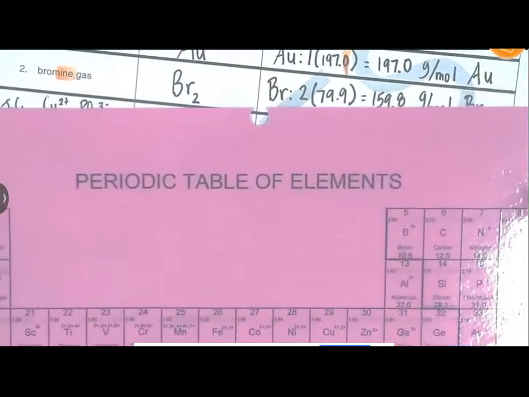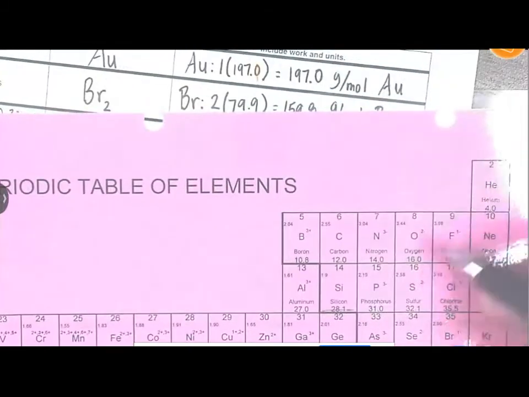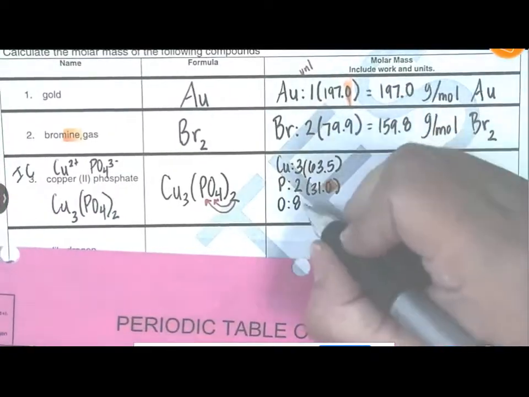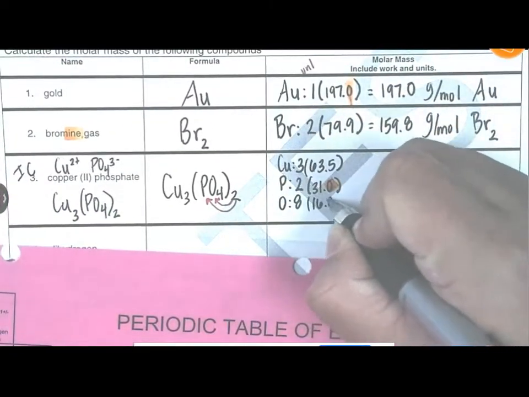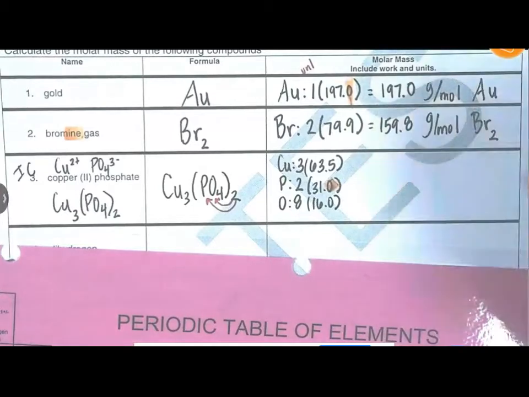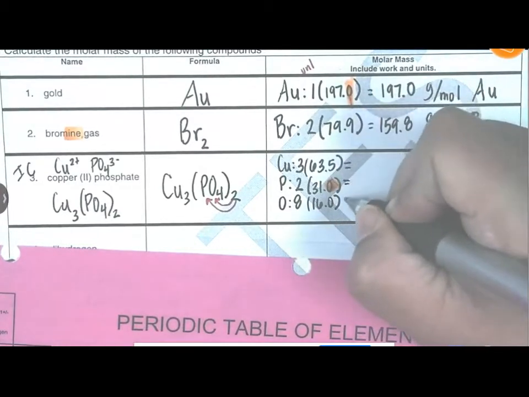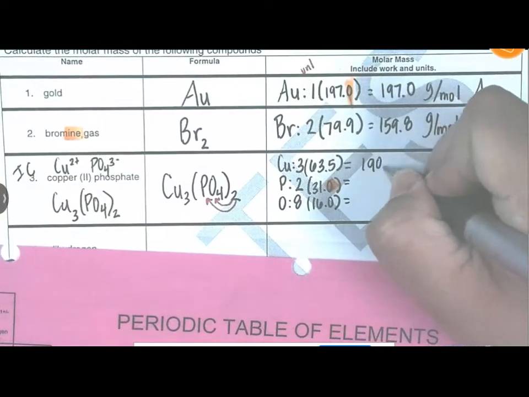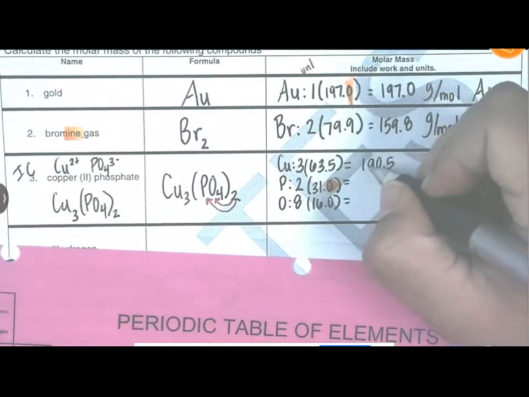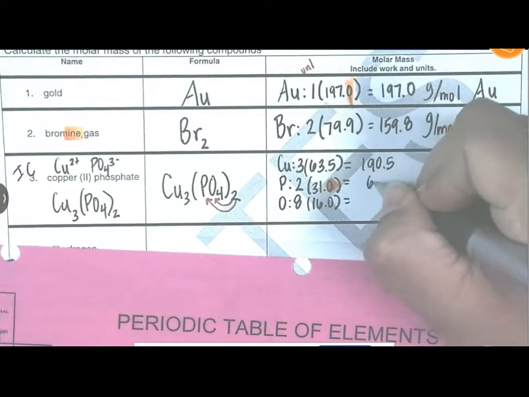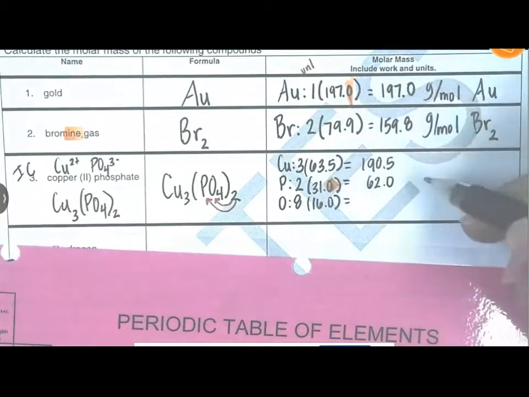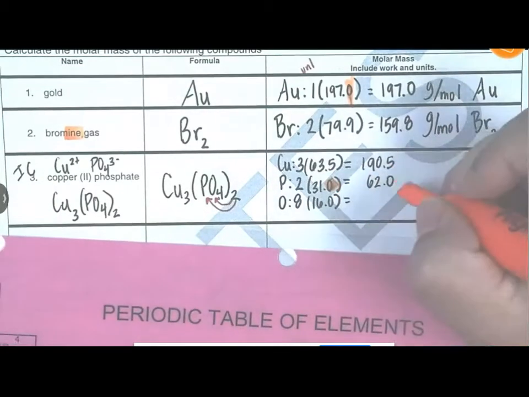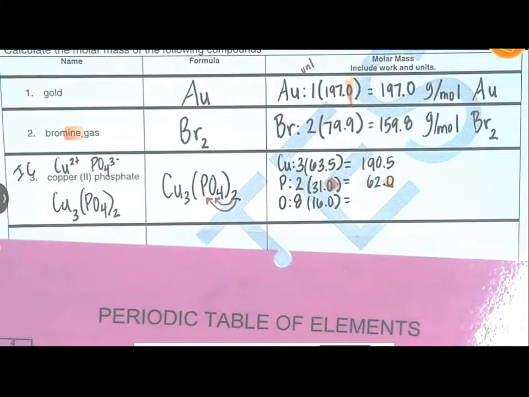Then oxygen is 16.0. So I go ahead and now include 16.0. Find the answers to those. 190.5. This one here is 62.0. And notice I put that 0. That 0 is significant. I'm going to make sure that I include it.